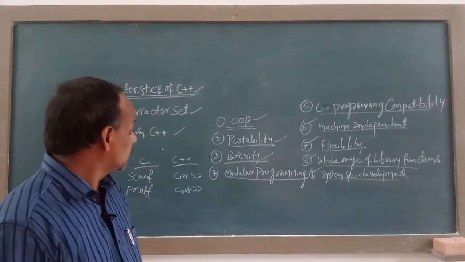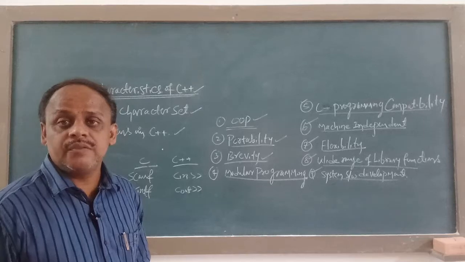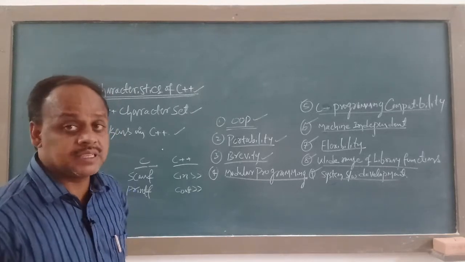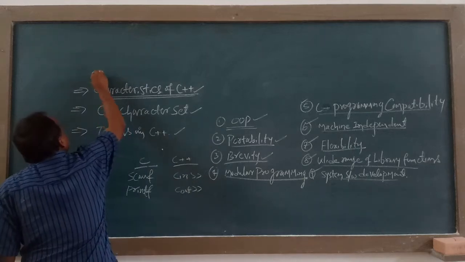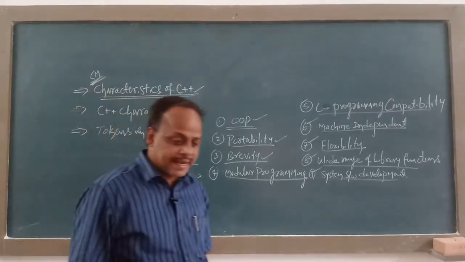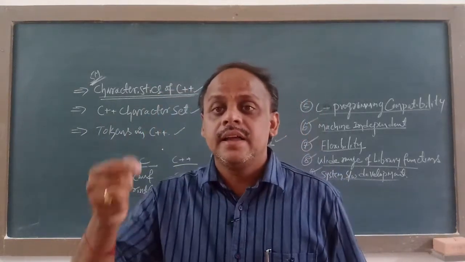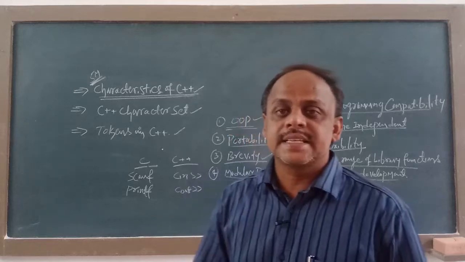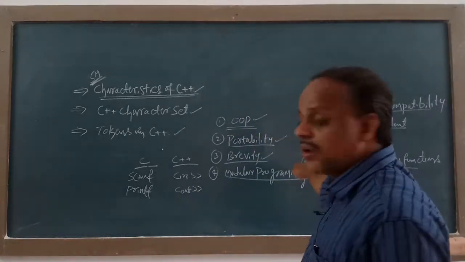Listen here, these 9 points represent the characteristics of C++. This is an important 5-mark question for the examination: write a note on characteristics of C++, or explain characteristics of C++. Here 9 points are there.